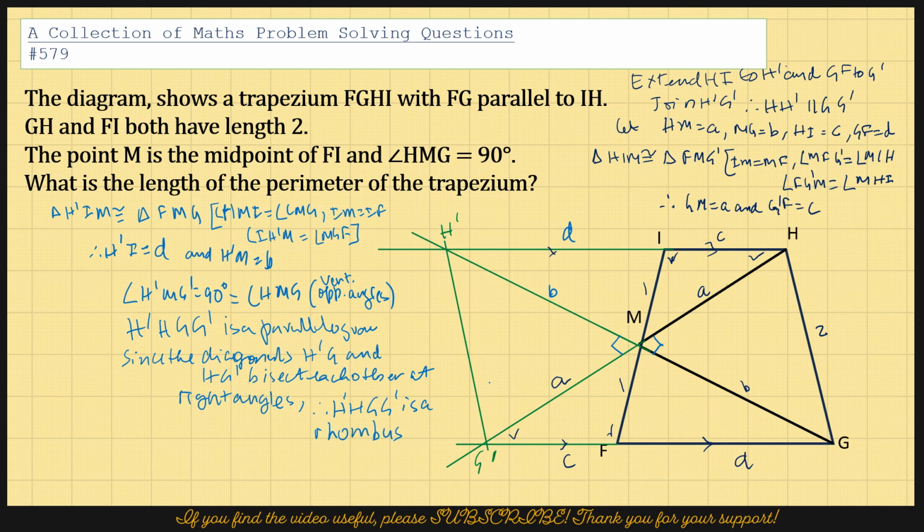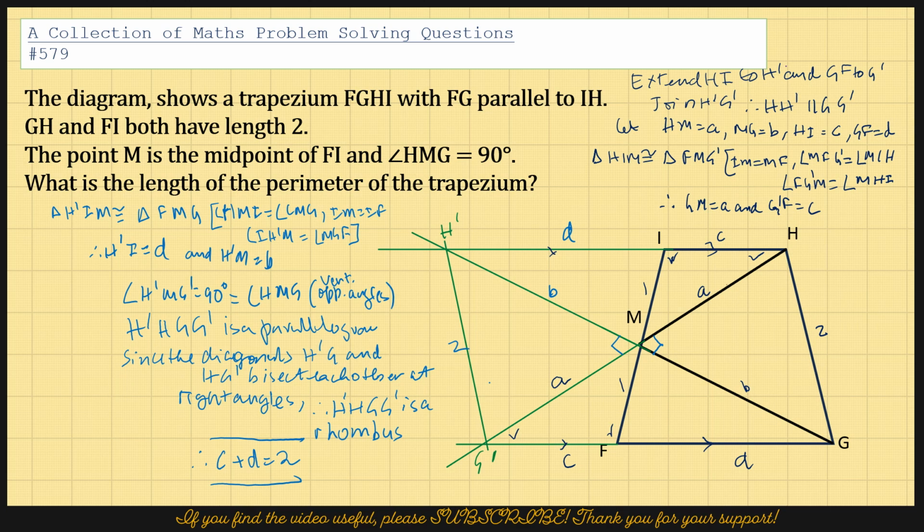Once we know that, the sides are equal, therefore C plus D equals 2. That is what we wanted to find out. And once we know that, we can then find the perimeter of the trapezium. That's the final thing.